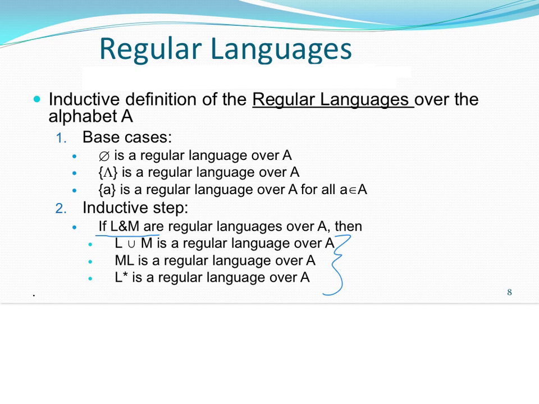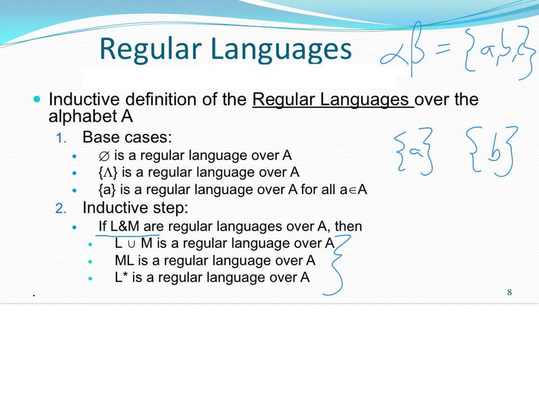So if you have two individual regular languages, L and M, so for example, maybe we have the language A and the language B, and we're talking about, again, our alphabet for this example is going to be the set A, B, C, right? And we happen to have these two languages. We'll call that one the language L and that one the language M. This tells us that L union M is also a regular language.